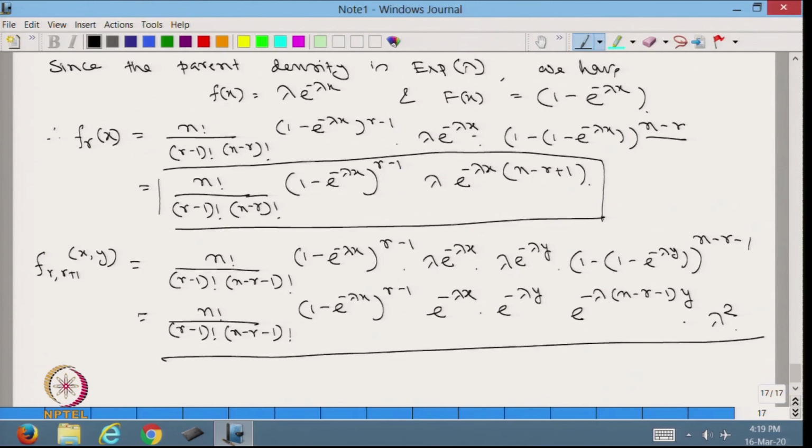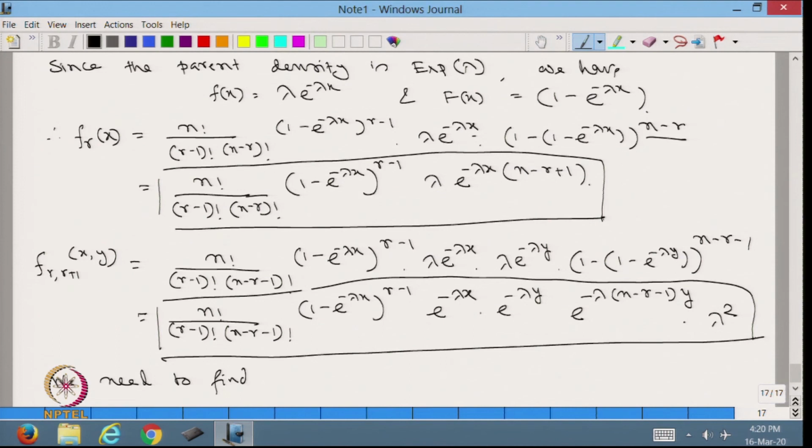So, that is the joint PDF of x, y. We need to find the PDF of X_{r+1} minus X_r.